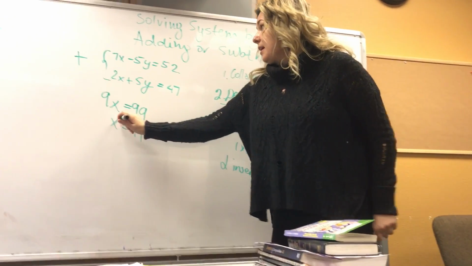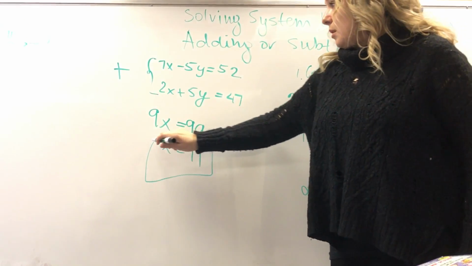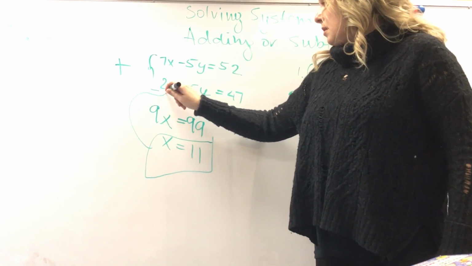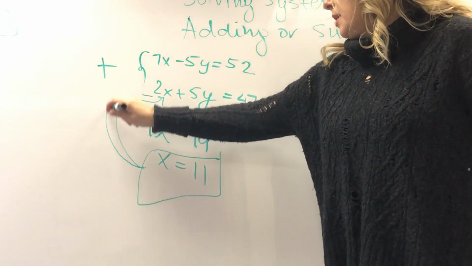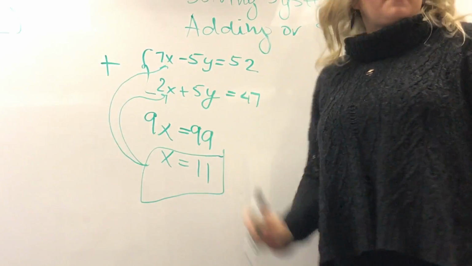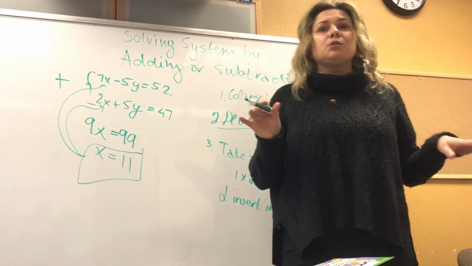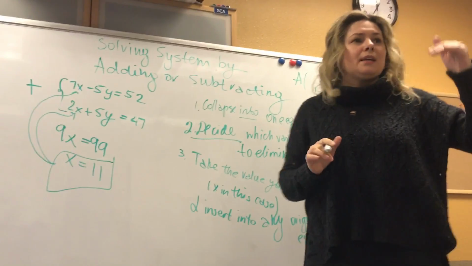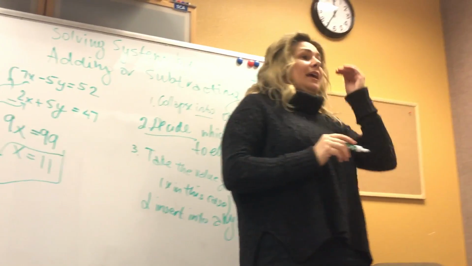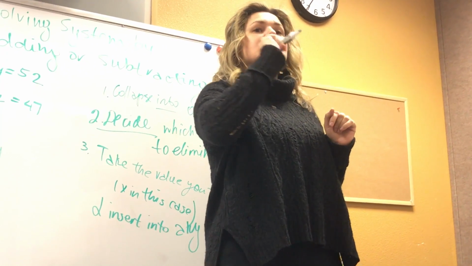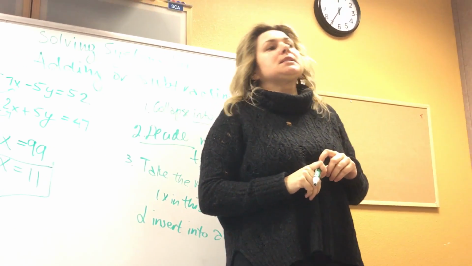So this has a chance to go either here or here. Doesn't matter? Absolutely not. I told you, insert it into any of the original equations, your point will still be on that line. It does not matter.